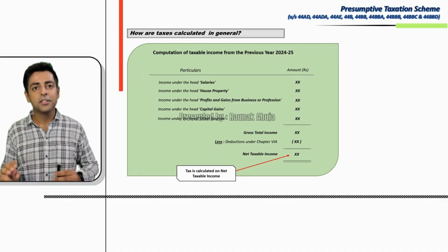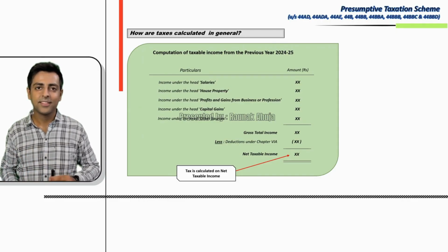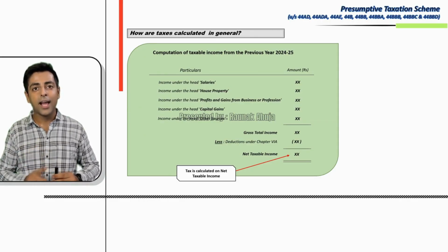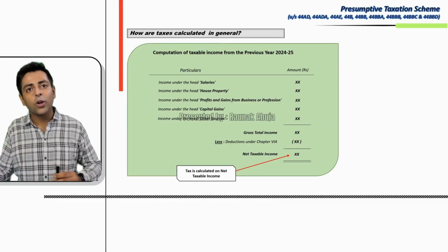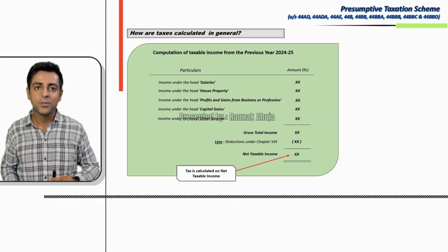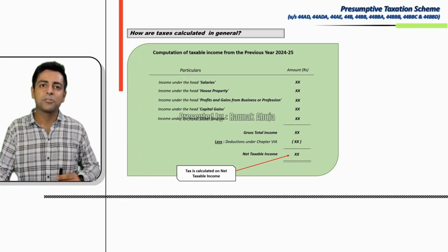After deducting these, we arrive at the net taxable income. Now, the tax rates are applied to this net taxable income to calculate the overall income tax. So, the net taxable income is what we try to calculate before we apply the tax rates to it.